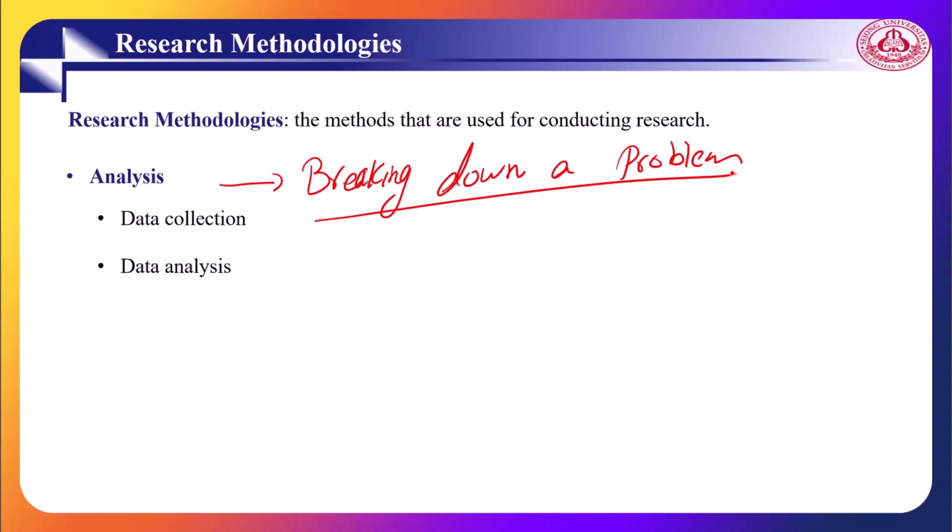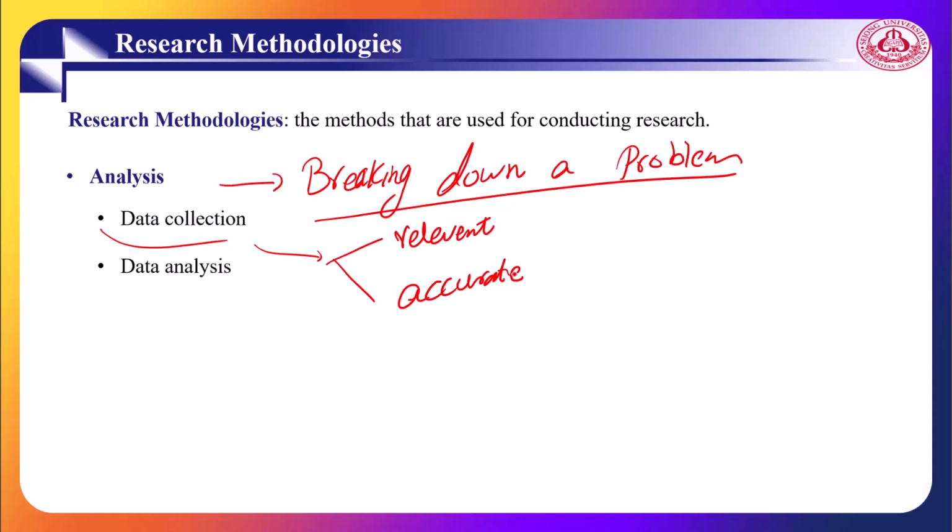In research, analysis can involve evaluating theories, concepts, and existing data to derive insights or form a hypothesis. So we need to go for data collection, the process of gathering relevant and accurate data. So there are two characteristics for the data that we have. It must be relevant and accurate. Reliability must be there.